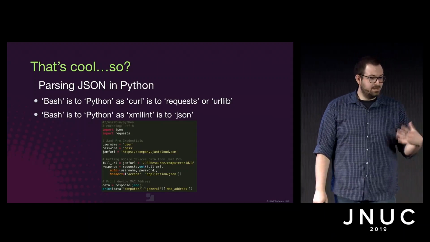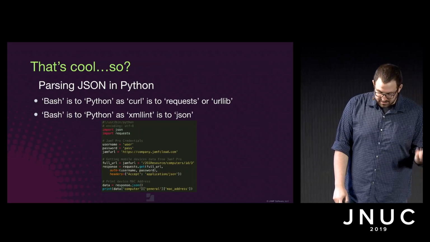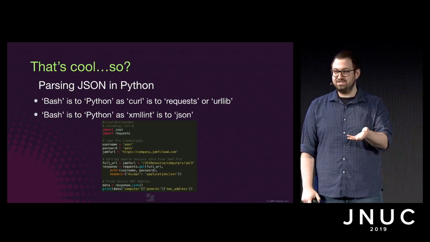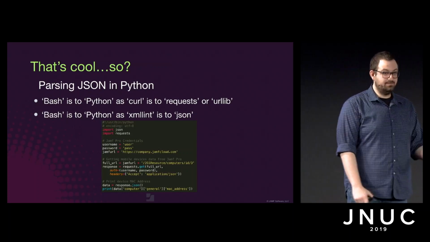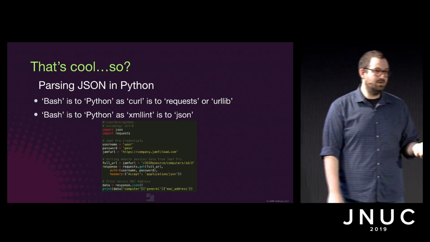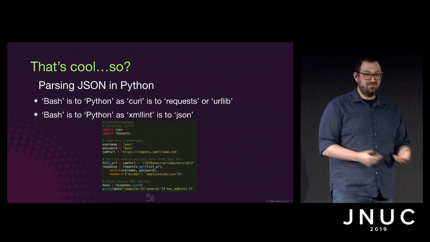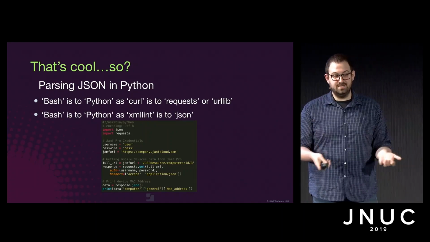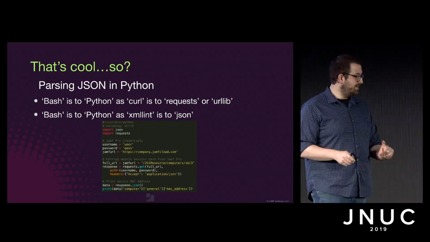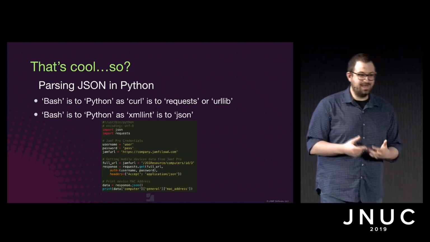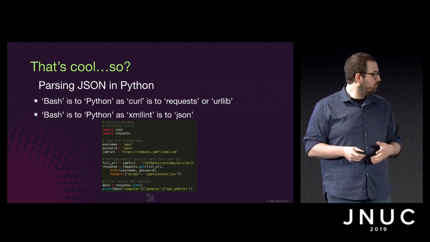So I tried to use a different application, because Bash doesn't have a native JSON parser. You can definitely install a third-party one. Python does have a built-in JSON parser. So we can do the same thing that we did in Bash, but in Python. And don't be intimidated, because virtually everything you see on this slide are terms and actual strings that we've used before.